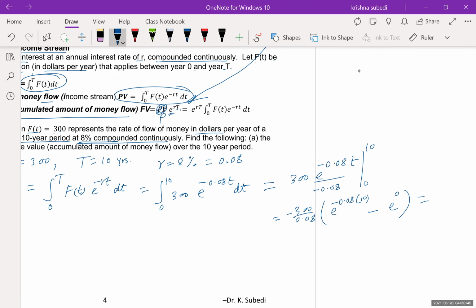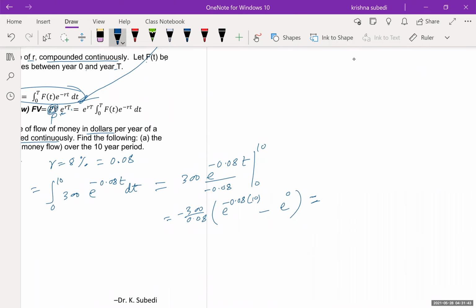Okay, guys, I don't have a calculator. Help me. How much do you get? Okay, when you solve this, the present value now, if you calculate it, you're going to get $2,065.02.